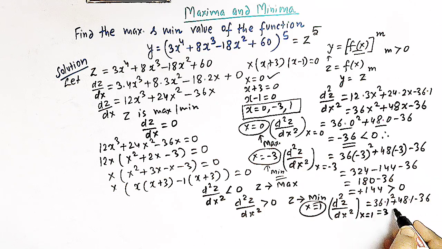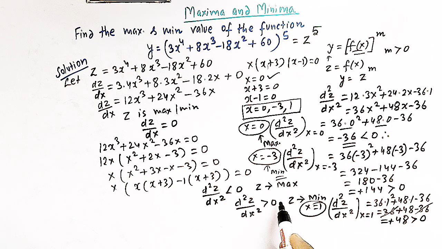So we have 36 plus 48 minus 36. So 36 and 36 get cancelled, we have 48. So this is plus 48, that is greater than 0. So again by second derivative test, the second derivative at x is equal to 1 is positive. So at this point x is equal to 1 is a point of minima, right?